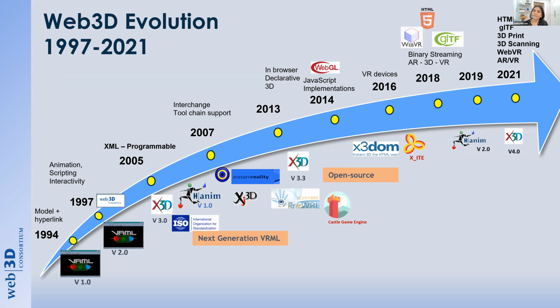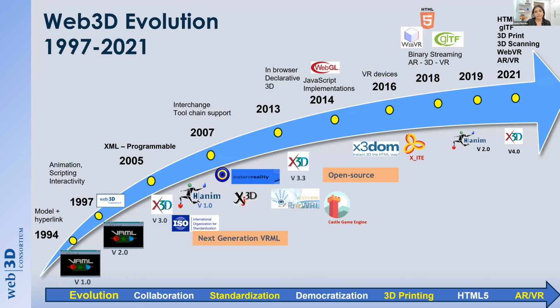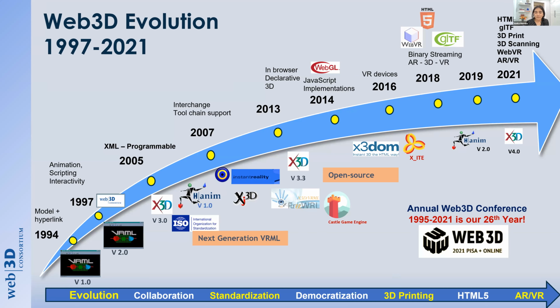We have 3D printing, 3D scanning, WebVR, AR, and this is all part of X3D 4.0. So as you can see, we are optimizing and evolving for current market needs. Again, we are going from evolution to standardization, and then adding all these new technologies to our standard. Excuse me. This is our 26th Web3D conference, and we hope to continue for a few more years.